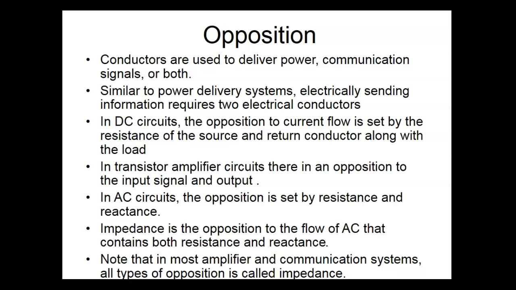In transistor amplifier circuits, there is an opposition to the input signal and output signal. We'll talk about this. In AC circuits, the opposition is set by resistance and reactance, and this is what we call impedance. But what you're going to find out is that in AC, normally they refer to the opposition as impedance. It's in ohms, but usually impedance changes with frequency.